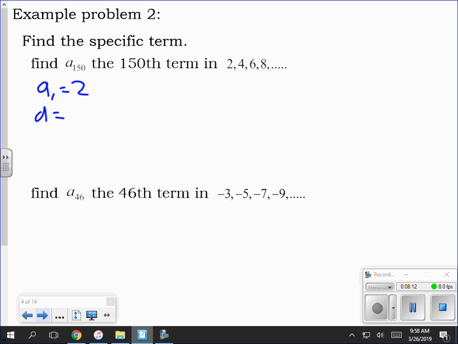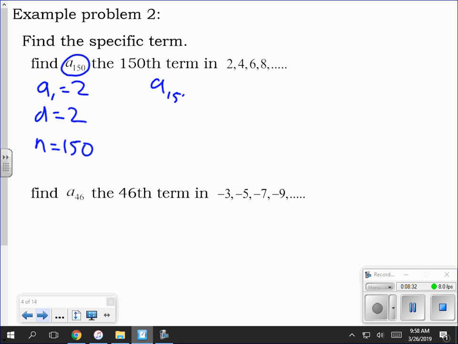How do I get from one number to the next? What's my D in this case? Plus 2. I'm adding 2 each time. And then I need to know what term number I'm looking for. Well, I'm looking for the 150th term, so n is 150. And then let's plug it in the formula.